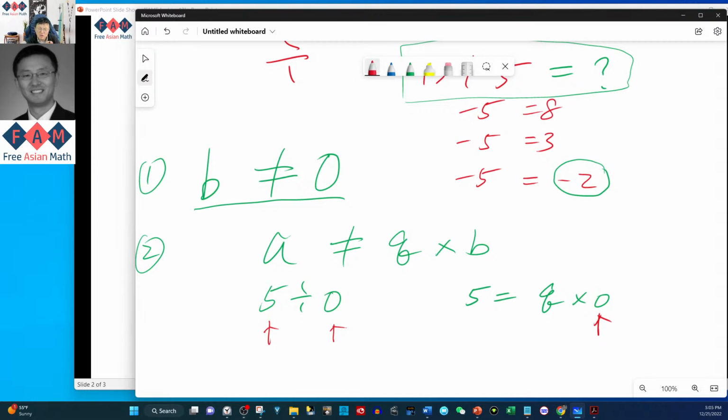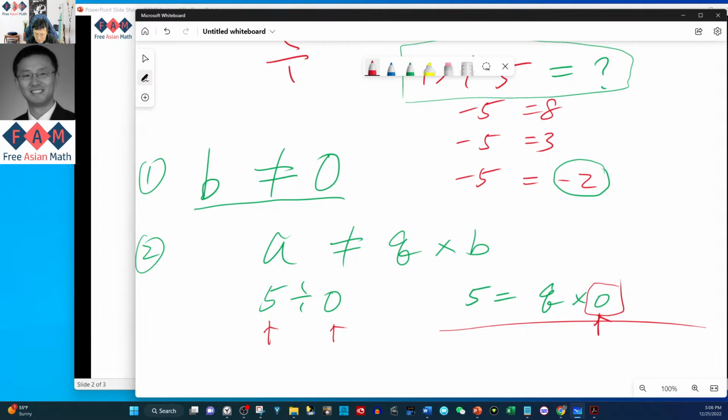Remember, this is still within the constraint that we only deal with integers. Later, you will see that even if we get rid of this, even if we can work with fractions, the divisor still cannot be 0. But for now, it's very clear. If you have divisor 0, this will always fail. So why don't we exclude this from the very beginning? The divisor cannot be 0.